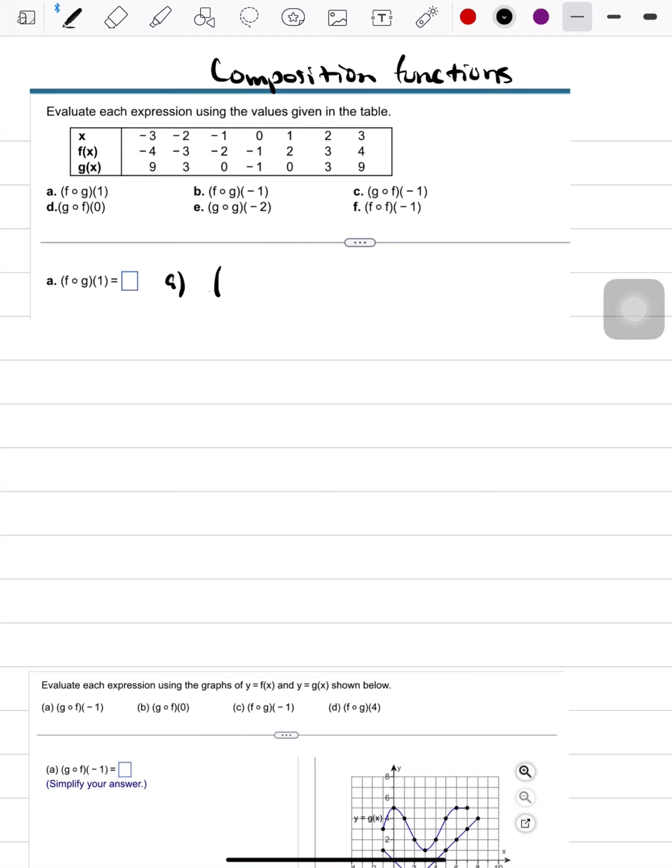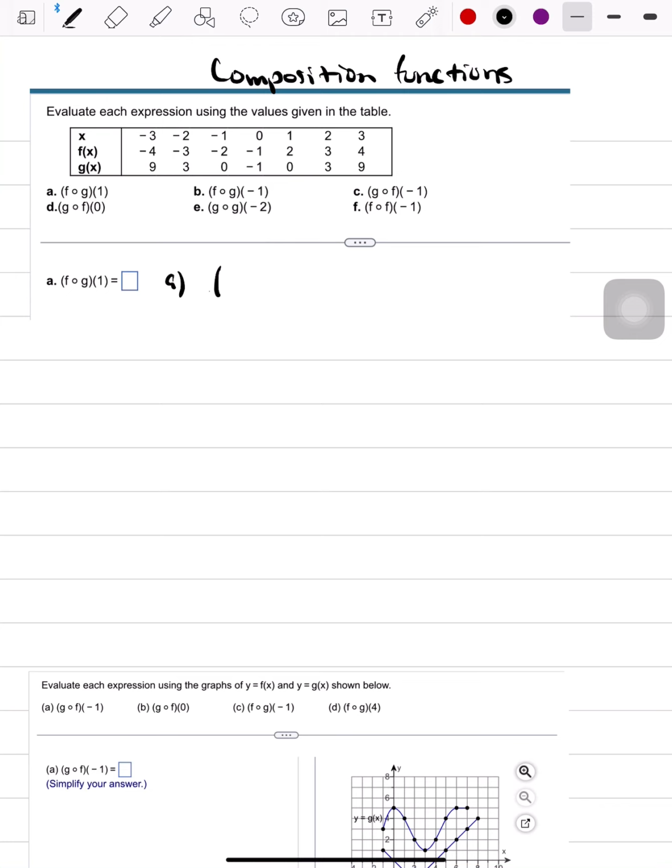There's nothing stopping you from going to YouTube and watching a composition of functions video. There's a ton of them out there, and by watching a few, it might help you really understand this. But again, the goal is for you to understand the concept while you're practicing the problems. Don't try to memorize how to do this, but understand the concept.